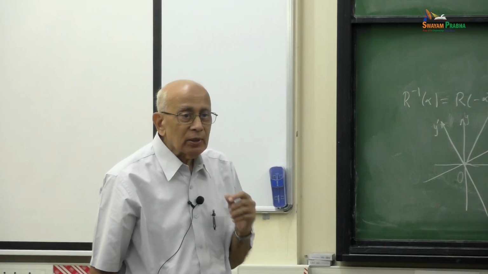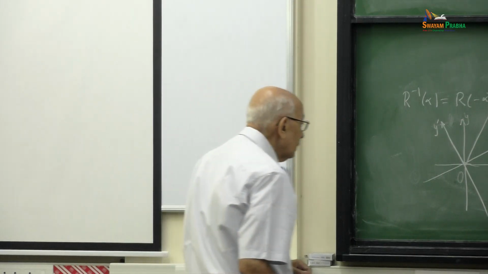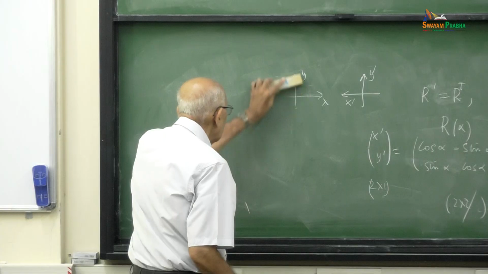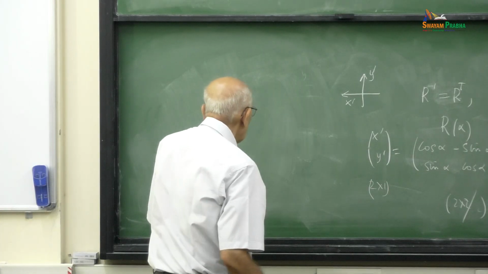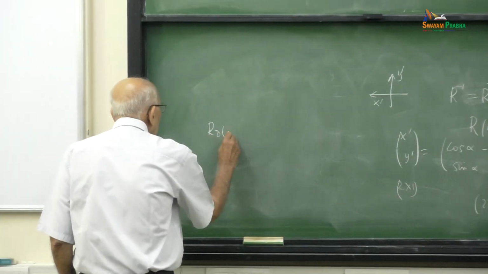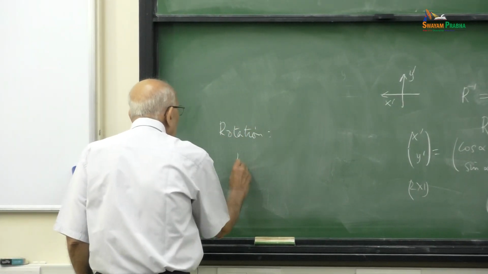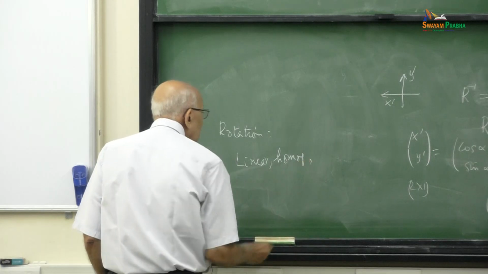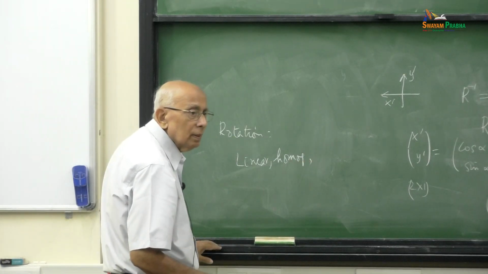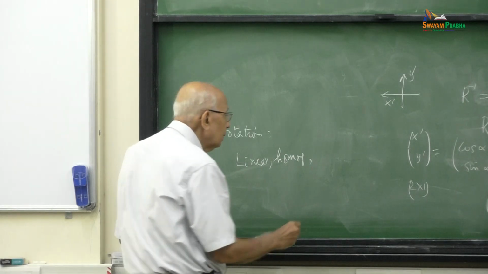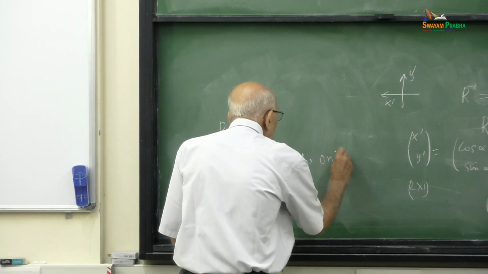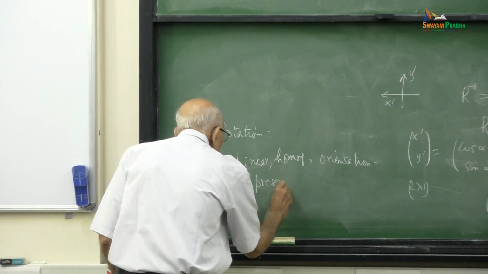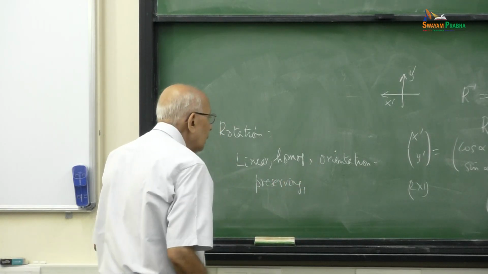So now tell me, what's the definition of a rotation of the coordinate axis? It's a linear transformation, it's a homogeneous transformation, it preserves orientation, it's orthogonal.